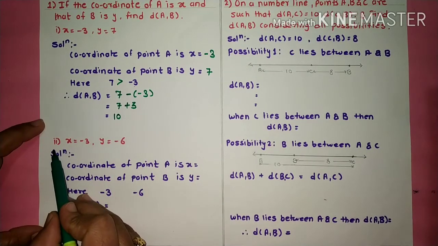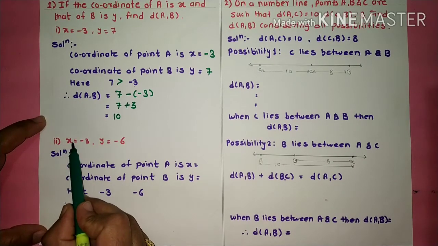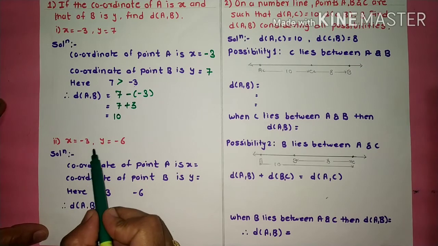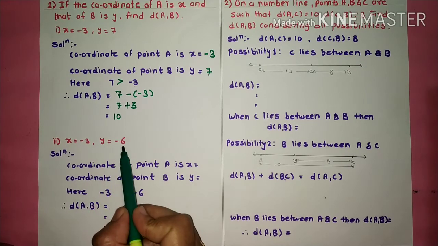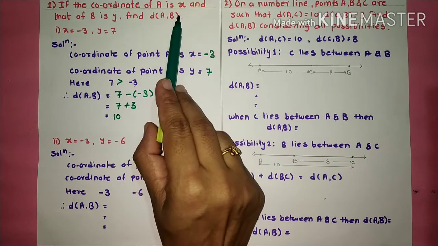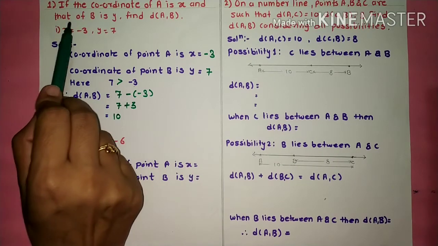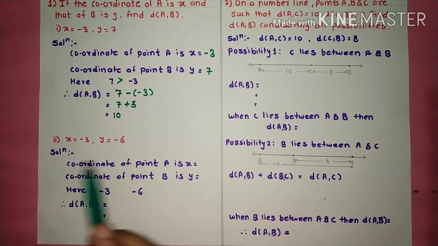Now see the second example. Here the value of x is -3 and the value of y is -6, and we have to find the distance AB. So first write down the given terms. Here the coordinate of point A is x and the value of x is -3.